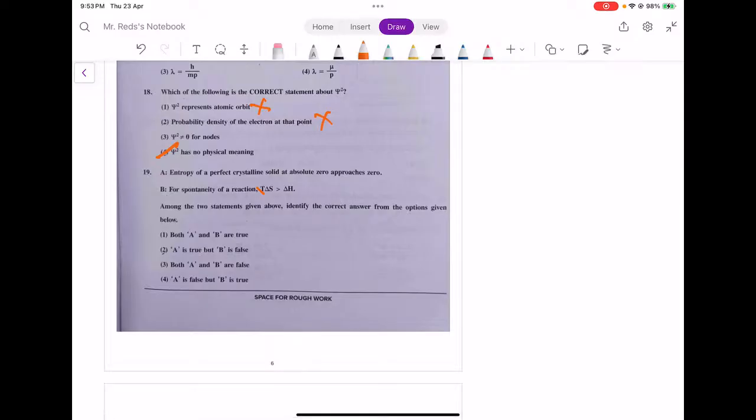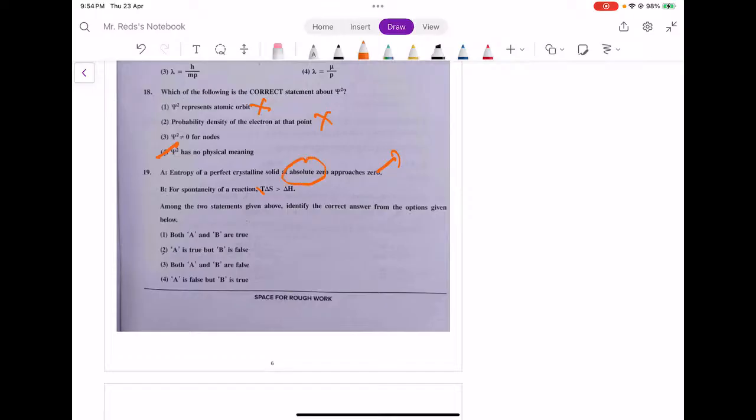Question number 19. Entropy of a perfect crystalline solid at absolute zero approaches zero. This is the third law of thermodynamics. Entropy of any perfect and pure crystalline substance at absolute zero temperature is zero.